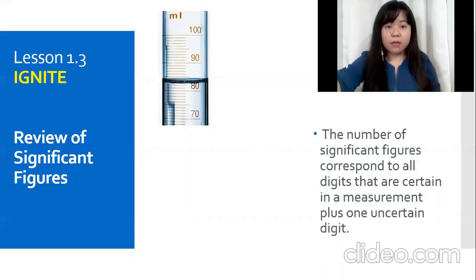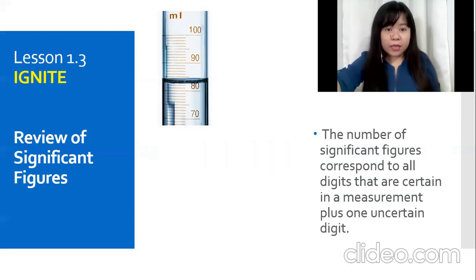As we can see, each graduation corresponds to 1 ml, and the numbers go from highest to lowest from top to bottom. That means that this equipment or glassware is used to contain liquids.